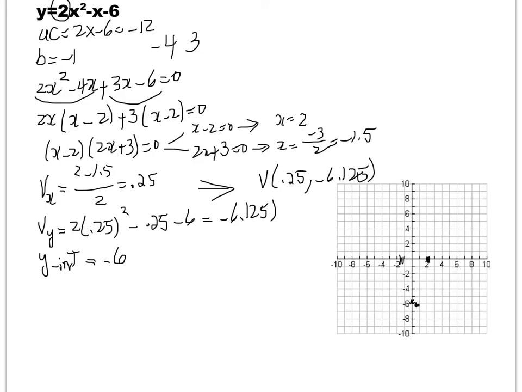Now, again, as usual, we know that the axis of symmetry goes through the vertex, so the y-intercept is going to have the same distance to the right, so it's going to be a point like this one. Now you have 5 points, so you're going to just connect these points together to get the graph of 2x squared minus x minus 6.